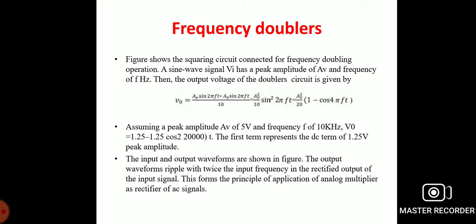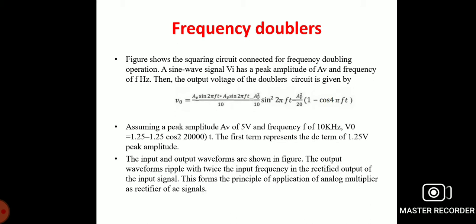Assume a peak amplitude of 5 volt and frequency 10 kilohertz. The output voltage is equal to 1.25 minus 1.25 cos 2000 t. The first term represents the DC term of 1.25 volt peak amplitude level.